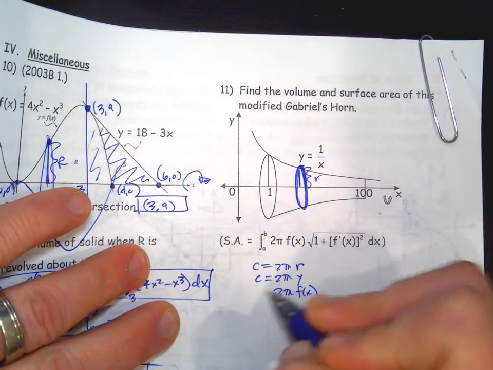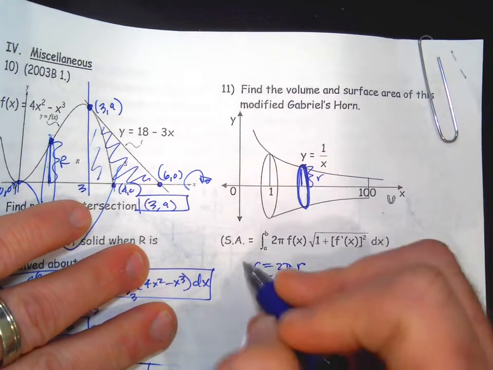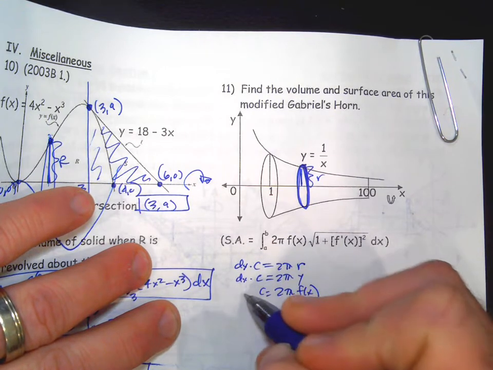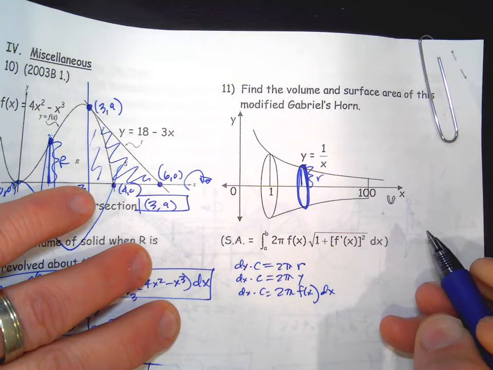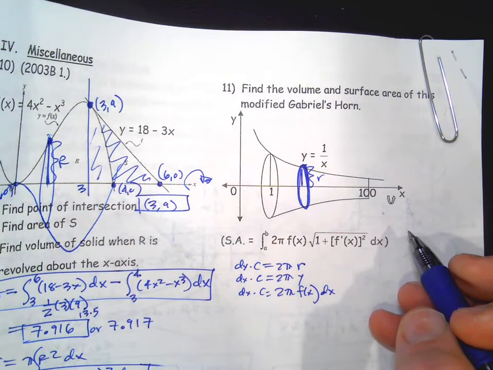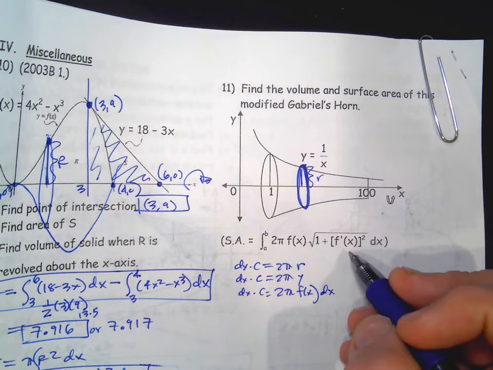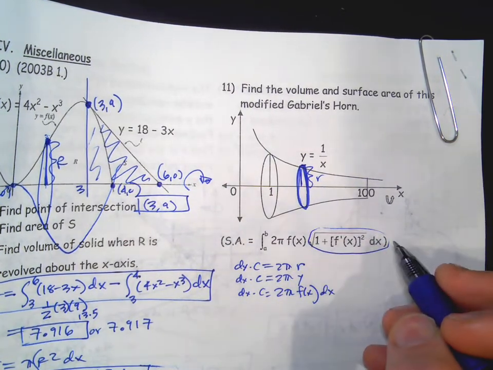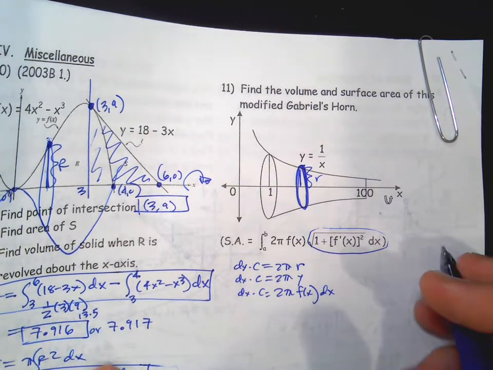So that's the circumference, and then you multiply it times the width, dx, to get that area. I think that would give you the surface area. So this is a little more accurate because the length of the edge would be that. That's like the length of the curve formula.